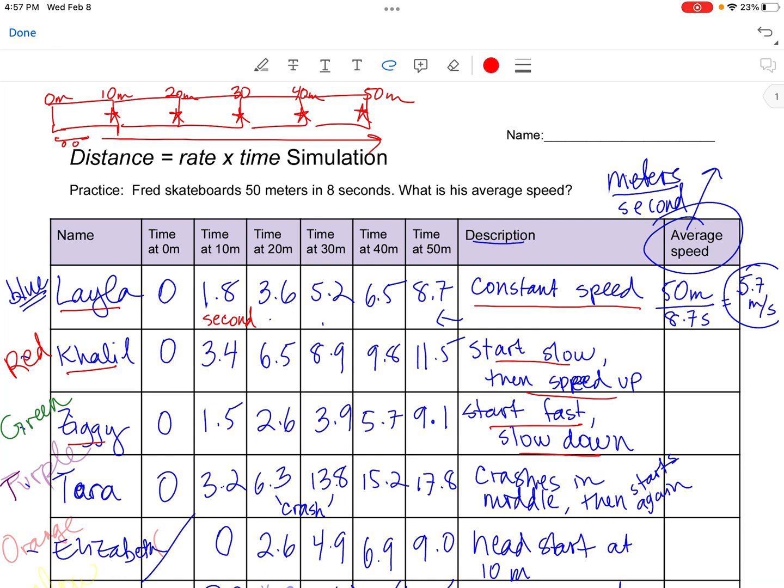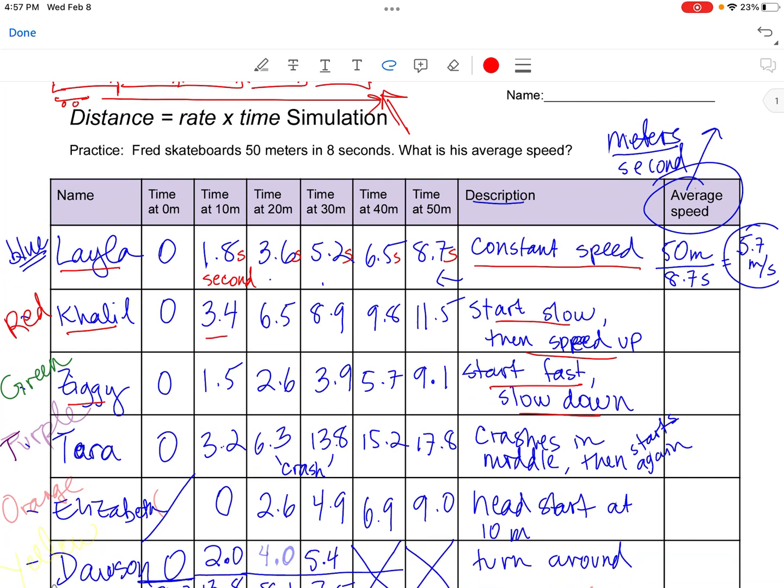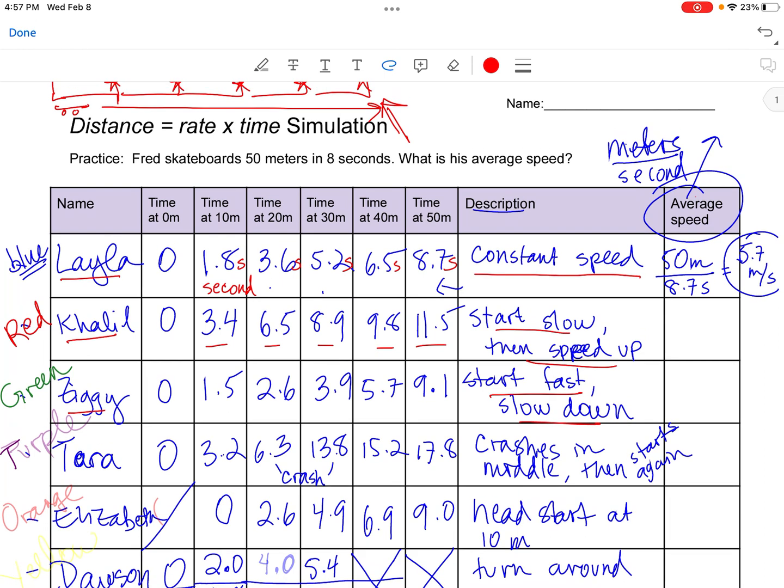So Layla passed the 10-meter mark at 1.8 seconds, the 20-meter mark at 3.6 seconds, the 30-meter, 5.2, and then she was all the way at the end here at the 50-meter mark, 8.7 seconds. And then, of course, we had different students reaching those marks at different points depending on what they were doing there with their skateboard ride.